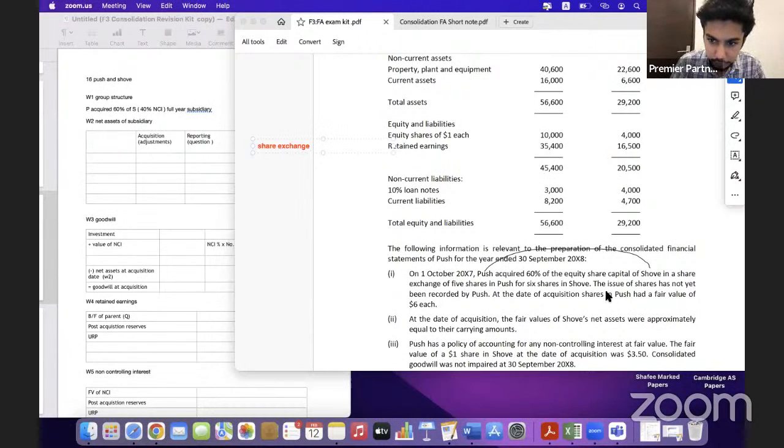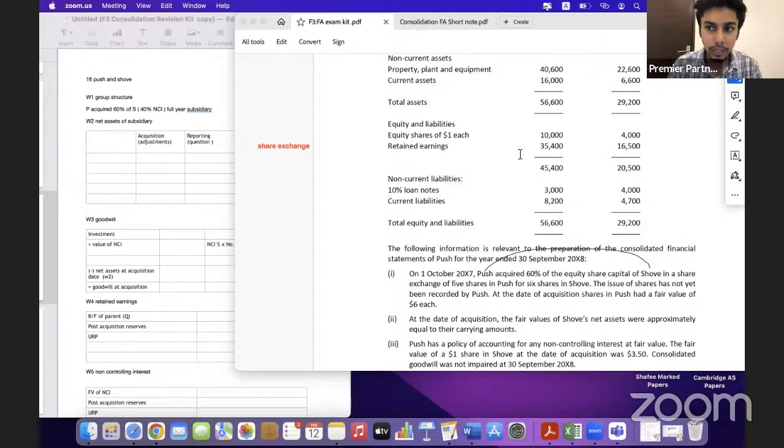Read carefully. How is he buying? In exchange of 5 shares in Push for 6 shares in Shove. So first of all, we need to understand how many shares the subsidiary has. Here you can see equity share $1, 10,000 and 4,000.